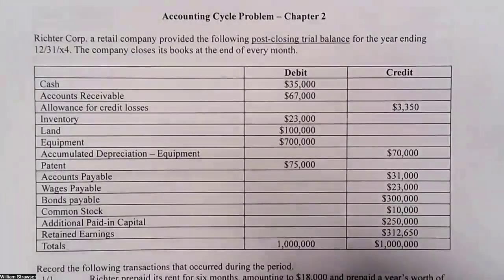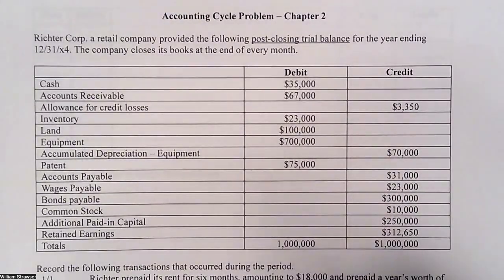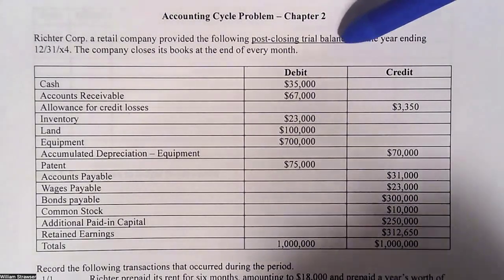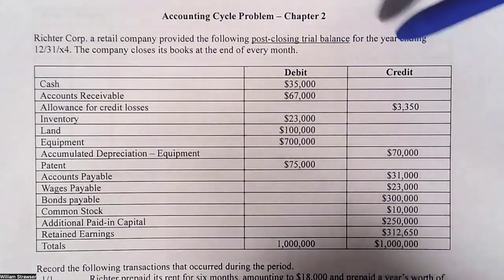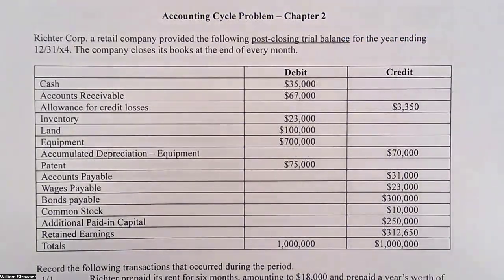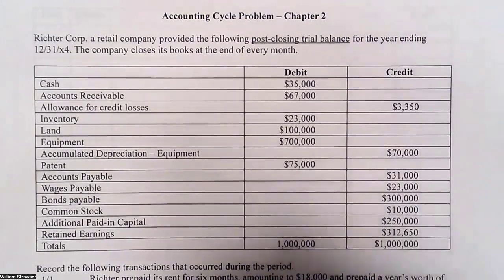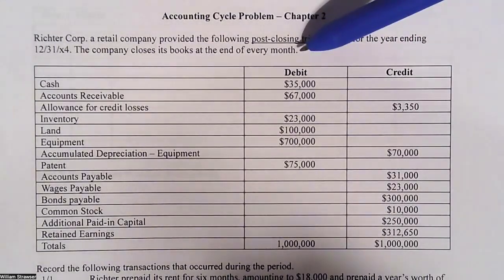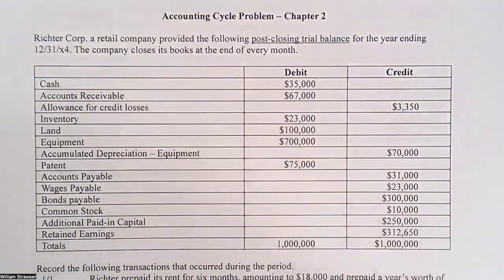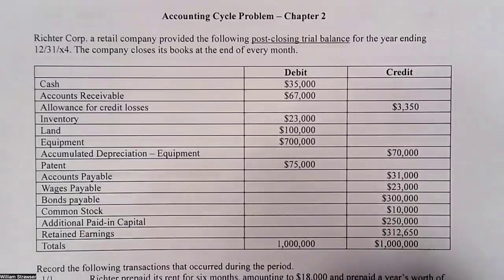So in this case, we have Richter, a retail company that is providing us with a post-closing trial balance for the year ending 12/31/4. So this year just ended, and the company closes its books at the end of every month. So every company will have a different approach, a different accounting period.